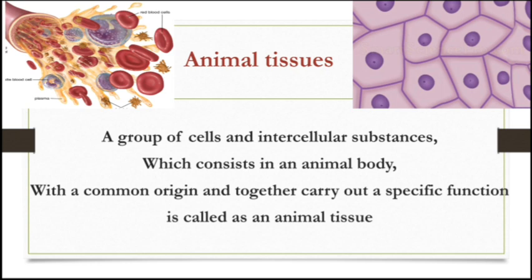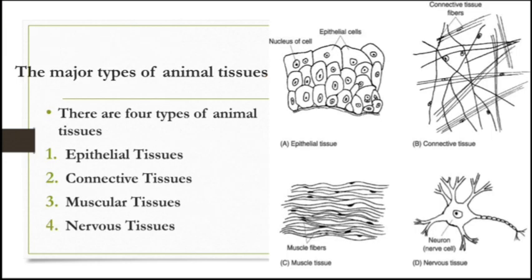So let's consider what the types of animal tissues are. The major types of animal tissues are four: epithelial tissues, connective tissues, muscle tissues, and nervous tissues. In this diagram, you can find the common features of these four tissues.